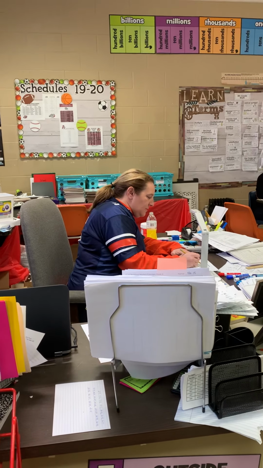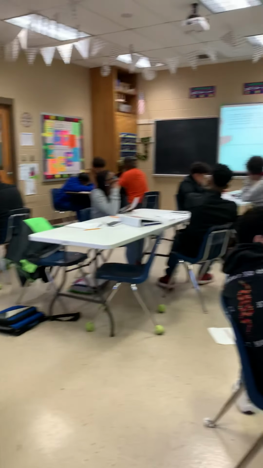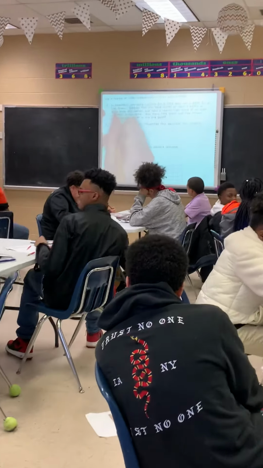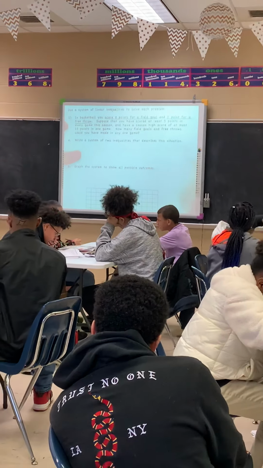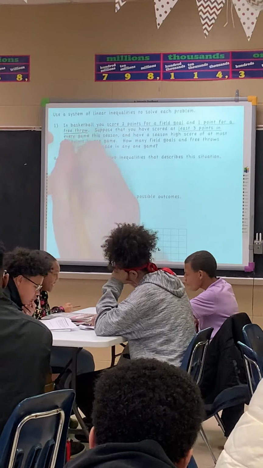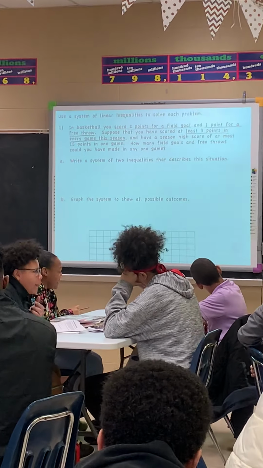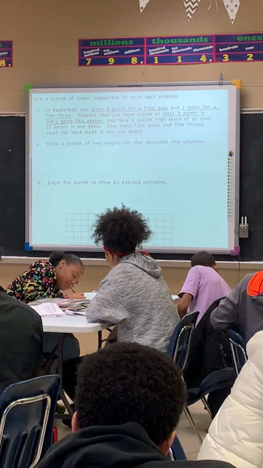You can score 2 points for field goals and 1 point for a free throw. Suppose that you scored at least 3 points in every game this season. So that means every game is going to add up to 3 somehow.